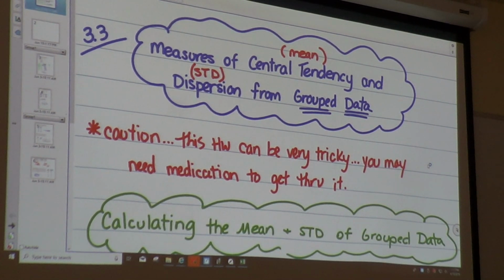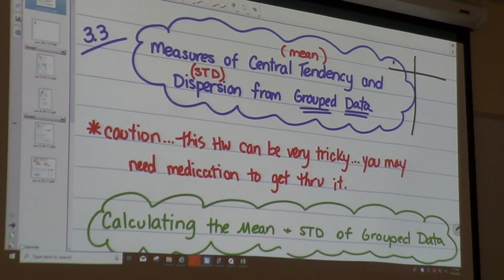Group data is when we did a problem like 0 to 9 miles to school, 10 to 19 miles to school, 20 to 29 miles to school, 30 to 39 miles to school. And frequency says 4 people drove between 0 and 9 miles, 3 people drove between 10 and 19 miles, 7 people drove between 20 and 29 miles, 1 person drove between 30 and 39 miles.